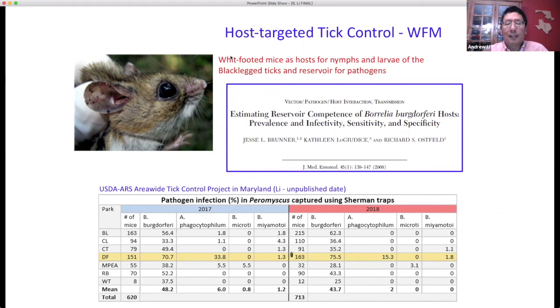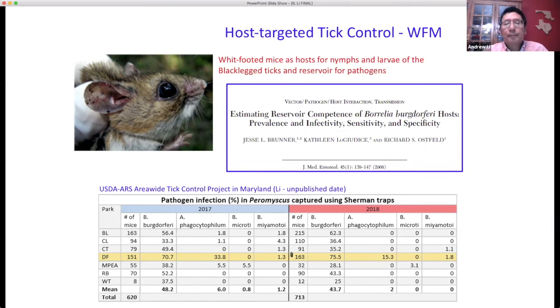That's the baseline data collection year. You can see on average, over 50% of mice are infected with Borrelia. In 2018, about the same, a slight decrease, overall 43%. At some parks, like Davids Falls, over 70% of mice we captured tested positive for Borrelia.